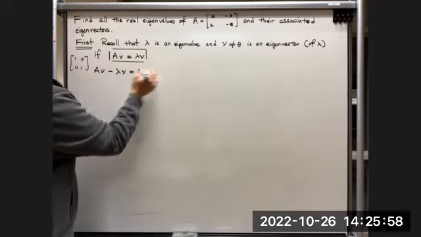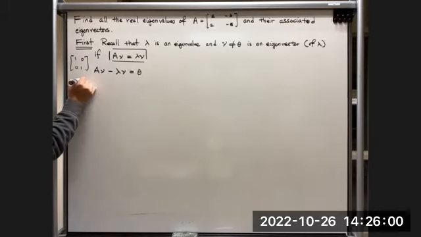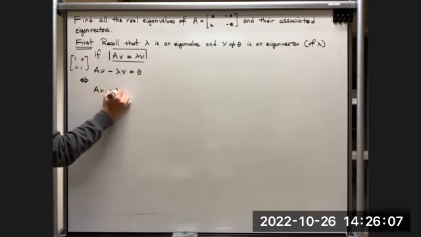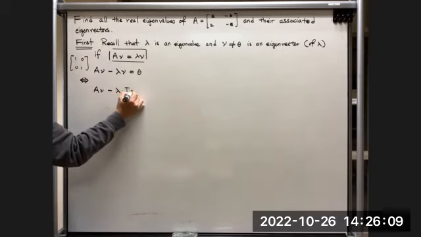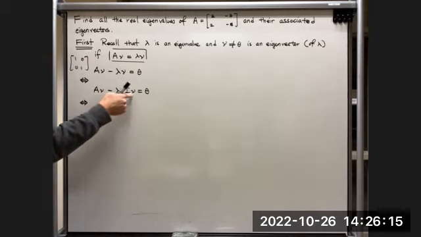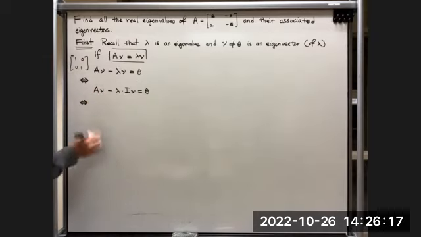Well, let's see. From here, I get the following equivalent equation: Av minus lambda times the identity times v is equal to the 0 vector. In other words, from here I may factor v. This is just matrix multiplication.